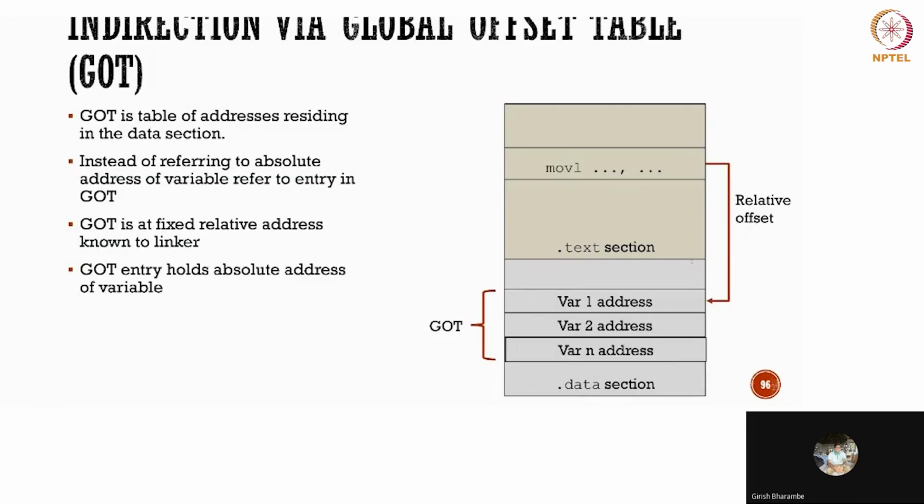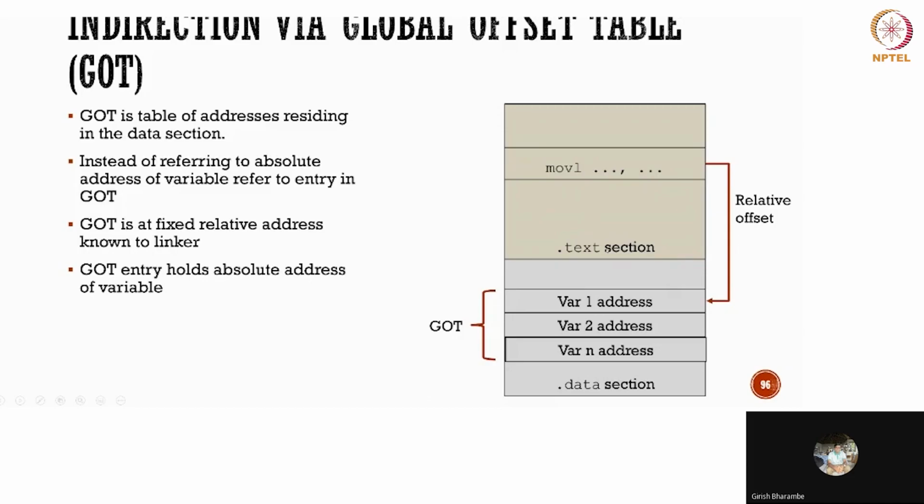So what shared libraries do is they create an indirection via something called the global offset table. Think of it this way: there is a separate table which is holding addresses of all variables. The start of this GOT, or global offset table, is always fixed after the text sections.